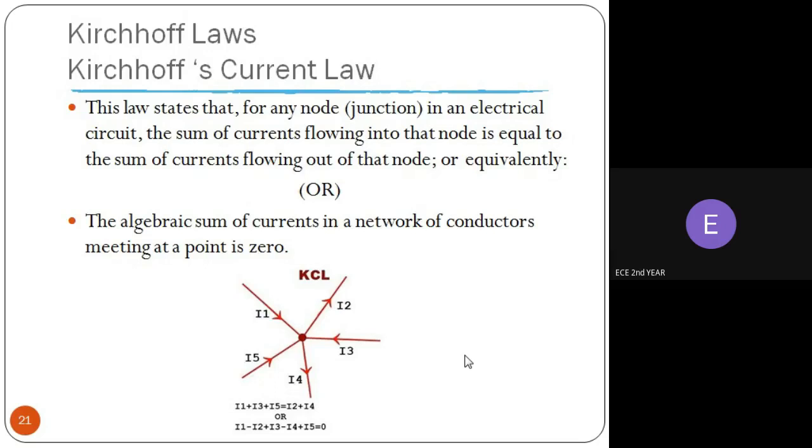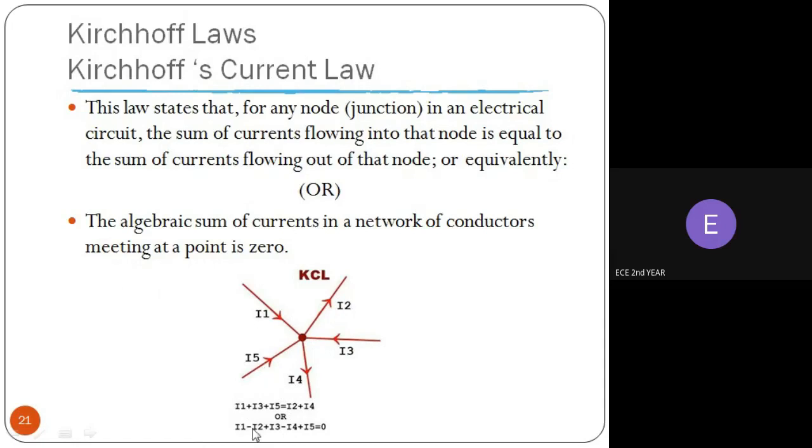we can define it as the algebraic sum of the currents in a network of conductors meeting at a point is 0. So here there is a circuit with 5 branches. I1, I3, I5, all three branch currents, flow towards the node, and I2 and I4 flow away from the node.